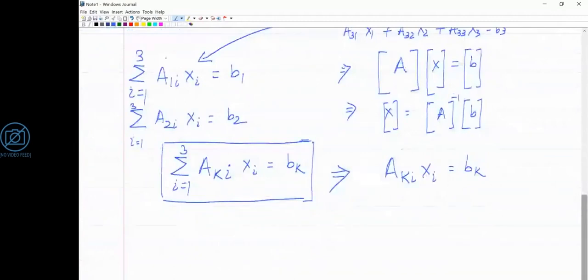You can see that this subscript i is repeating, right? So whenever you have a repeating index, that means there is a summation over that subscript. Okay, so that's the rule here, that repeating indices are summed.